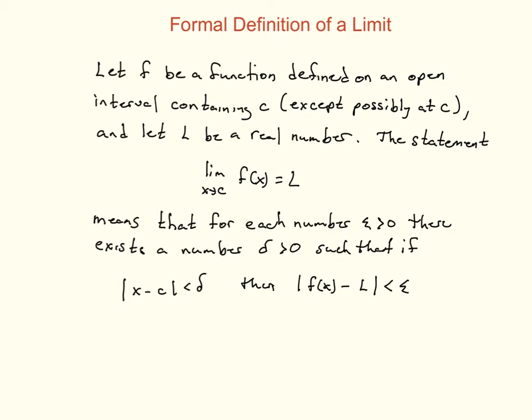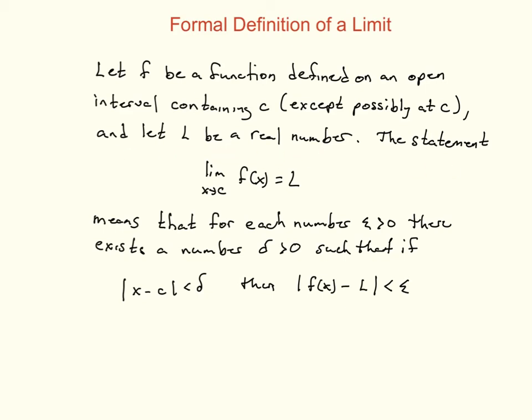Now let's take a look at the formal definition of a limit. This is the definition that we will always come back to when we're trying to define things based on the limit process. In this case, we're going to let f be a function defined on an open interval containing c, except possibly at c itself. And we're going to let L be a real number.